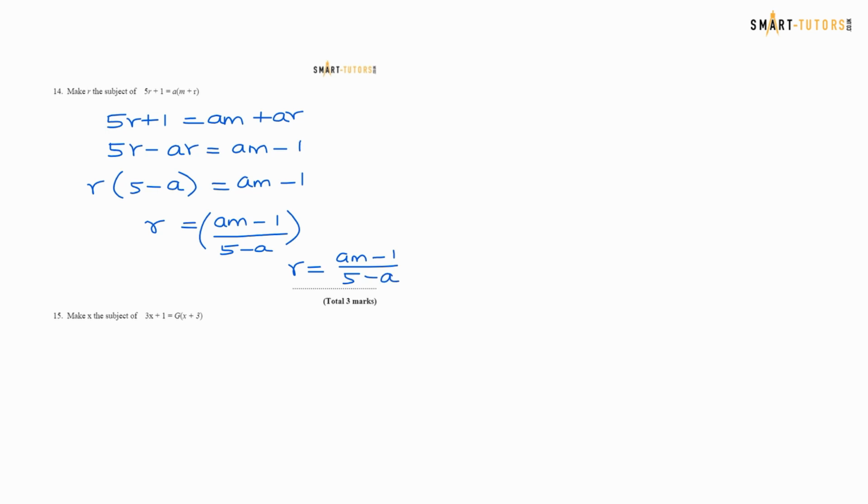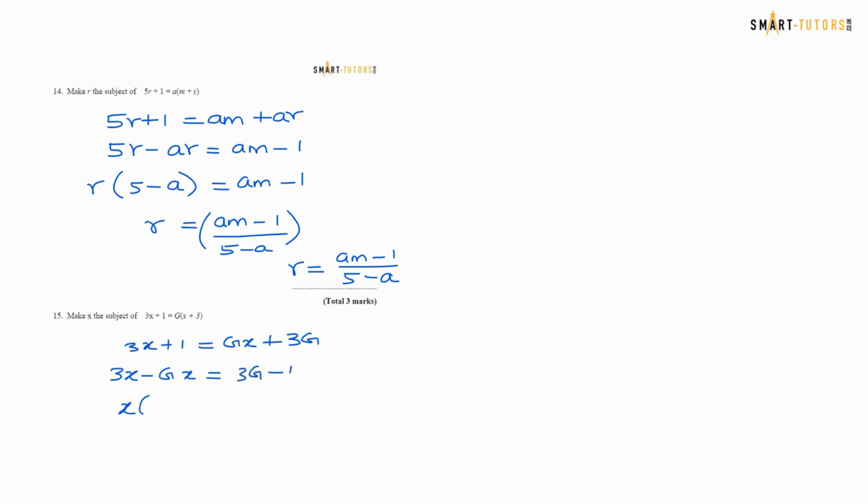Question number 15, 3x plus 1 equals g bracket x plus 3, expand the bracket, gx and plus g times 3 is 3g, always number first then letter. x as the subject, so bring the x to one side, so 3x minus gx equal 3g minus 1.